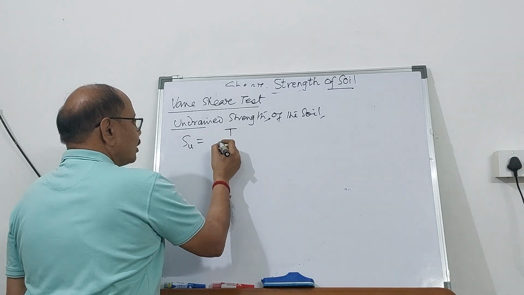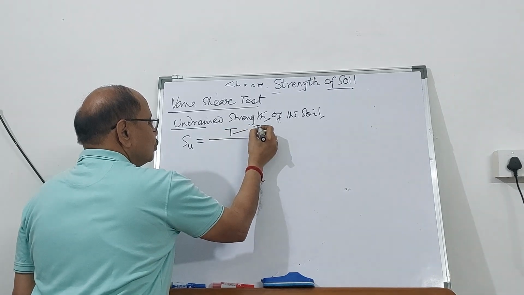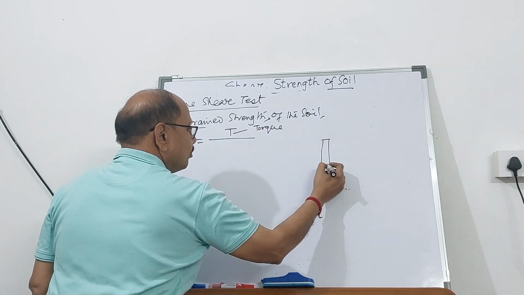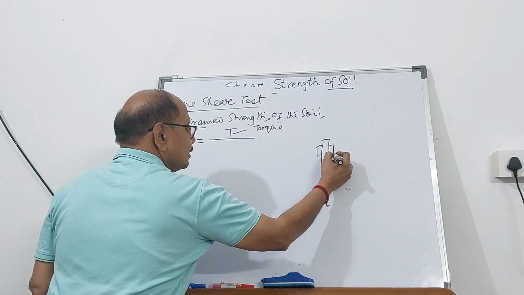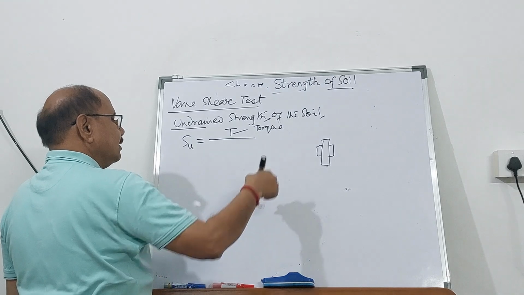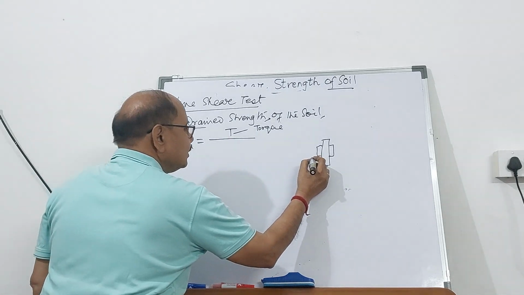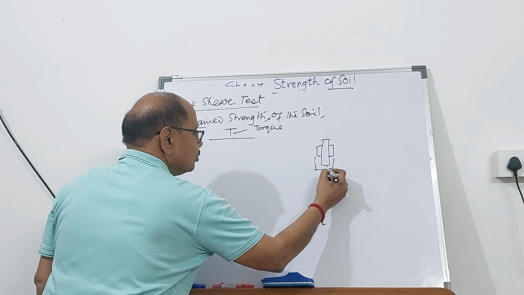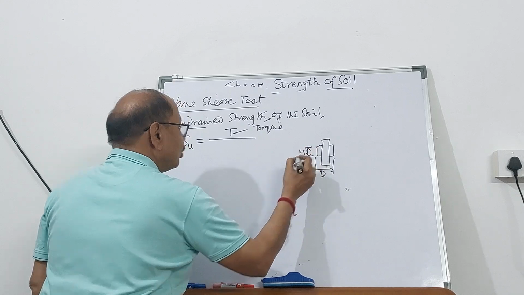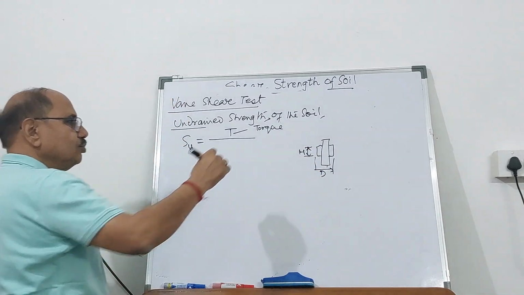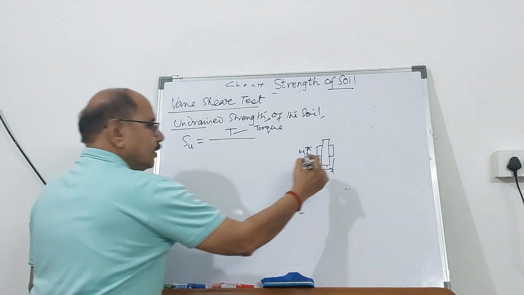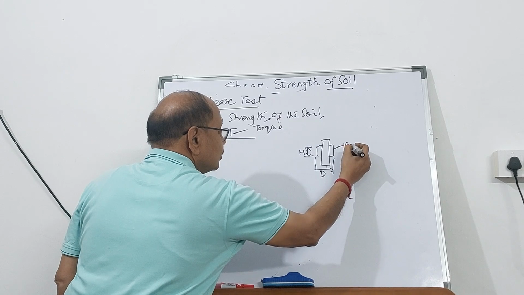It is the external torque that you applied. So you will have to apply the external torque. The blades are here and these blades are lowered and inserted, the diameter is going to be D and the height of the blade or the vanes is called H. And you apply the external torque so that the soil mass is completely sheared by these vanes.